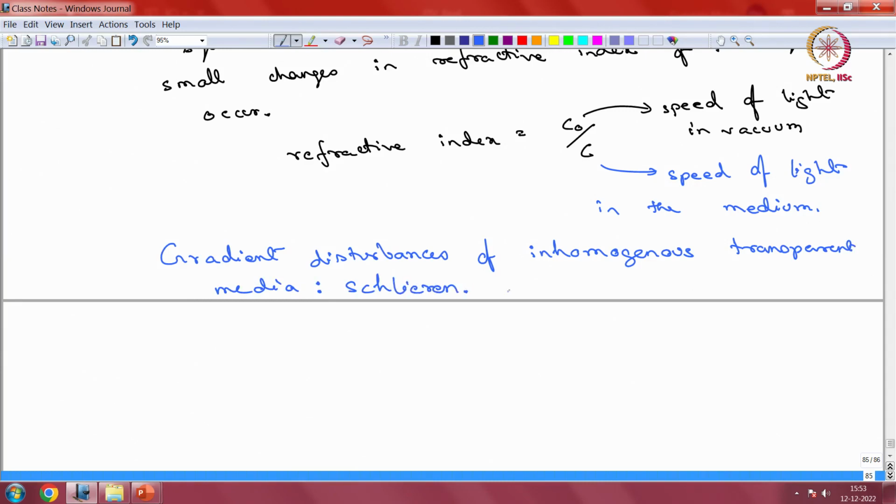Okay. They are relatively small differences over the background. So we are not talking about very large differences, but small differences within the overall background.